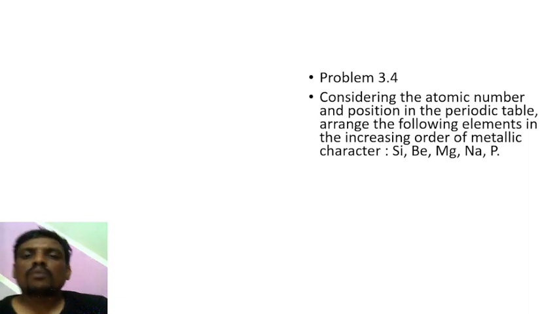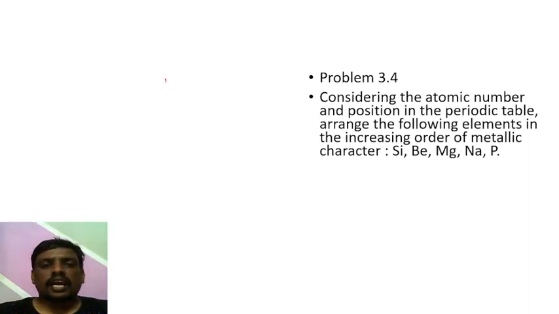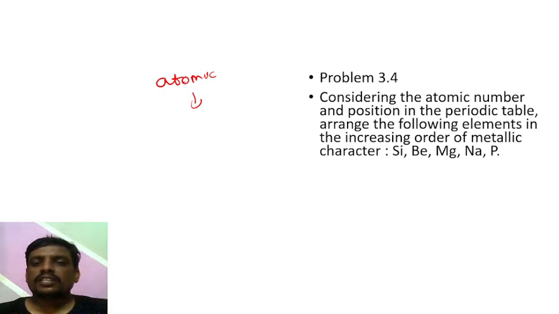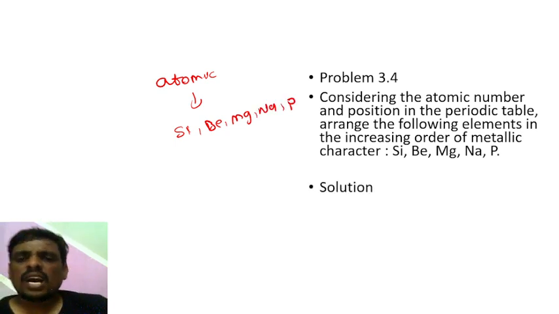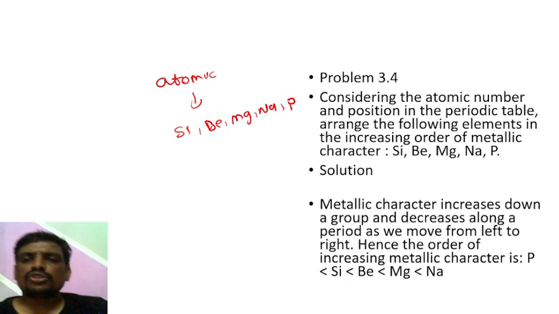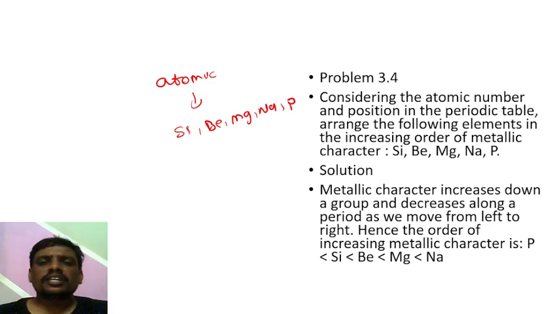Finally, I have a problem here. Considering atomic number and position in the periodic table, arrange the following elements in increasing order of metallic character: silicon, beryllium, magnesium, sodium and phosphorus. Let us take the solution.